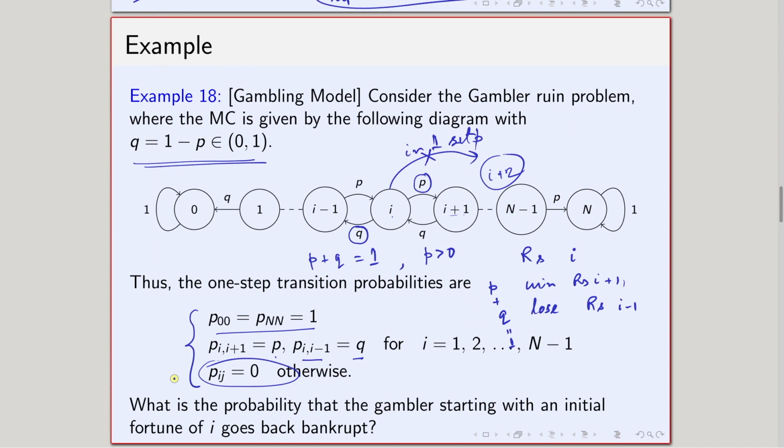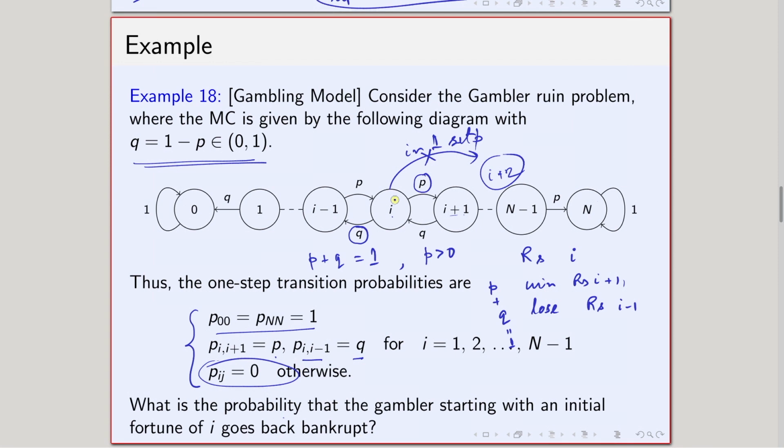So now one of the things I can look into in this case is what is the probability that the gambler goes broke, that means the gambler loses all his money. What is the probability that the gambler, starting with an initial fortune I, here fortune means the rupee I, goes bankrupt?